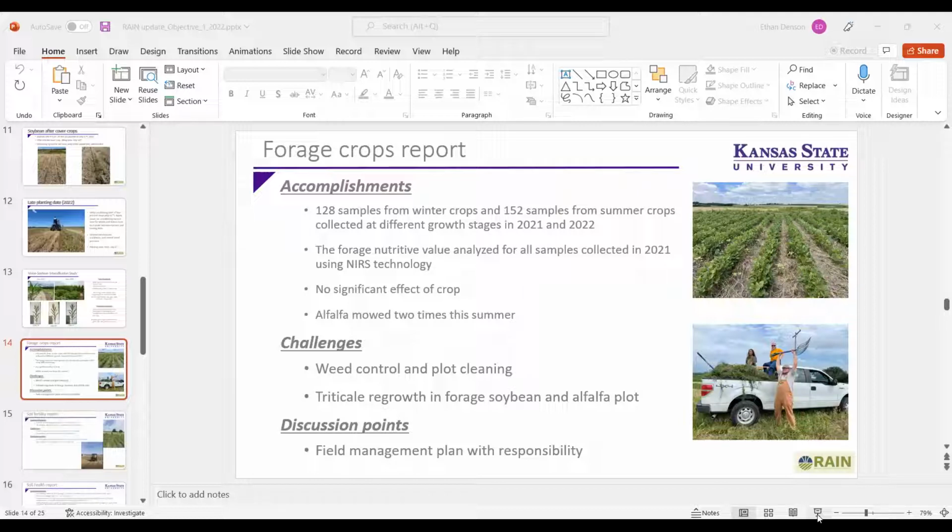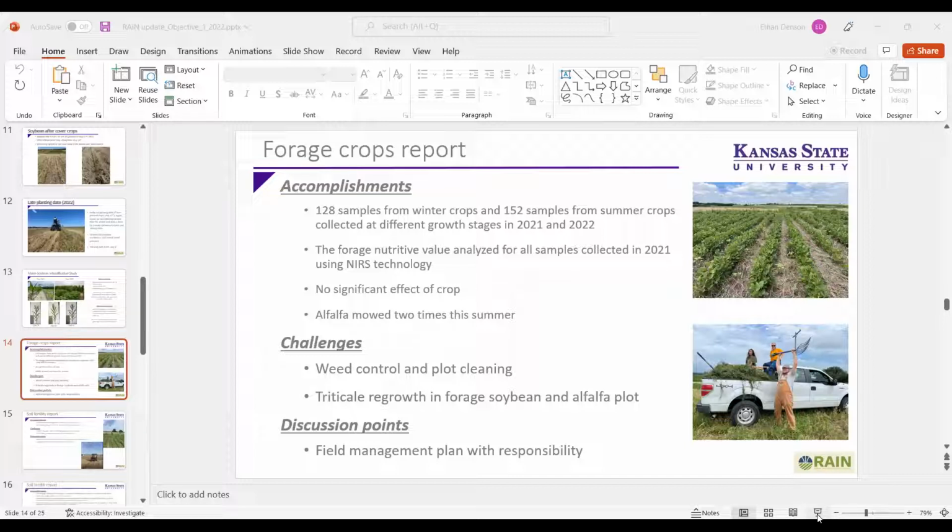Thank you very much. I'm Rudra, working with Dr. Min on the forage component. Under the forage component, we have a combination of 4 cropping intensities and 3 nitrogen treatments. In 2021 and 2022, we collected 28 samples from winter crops and 152 samples from the summer crops.